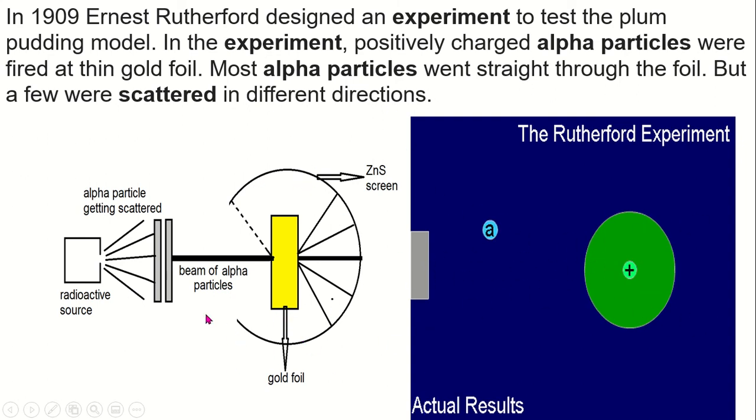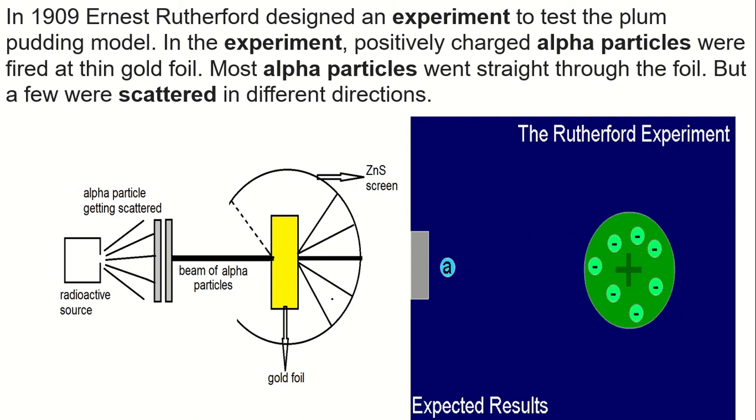In this experiment, it was noticed that 99% of the alpha particles go straight, penetrating the gold foil, and some of the alpha particles were scattered, making an angle.